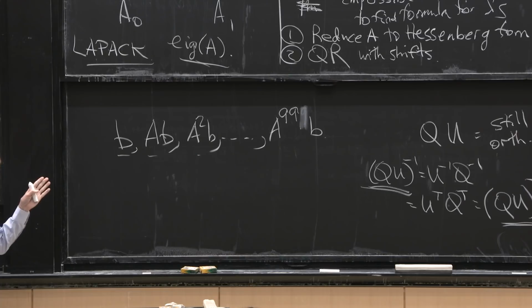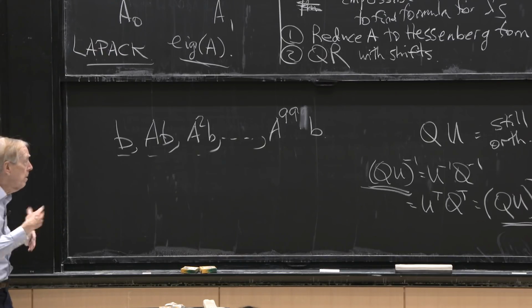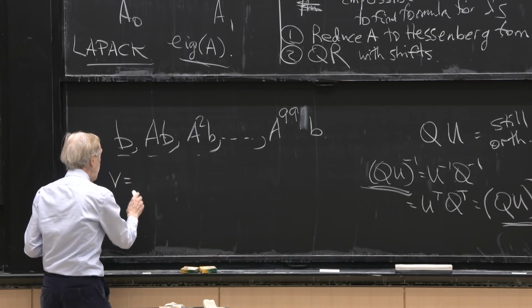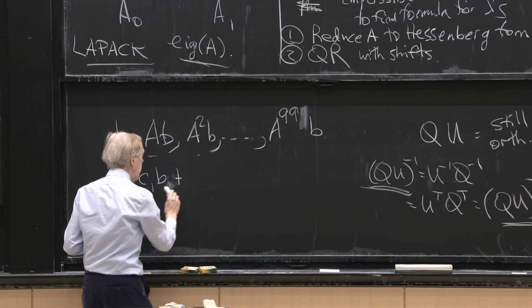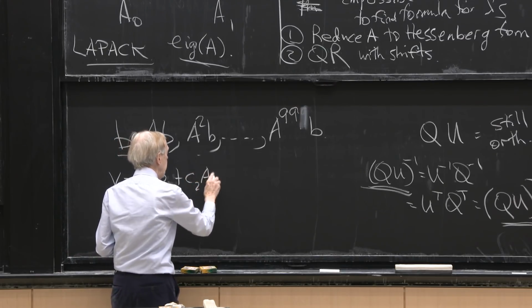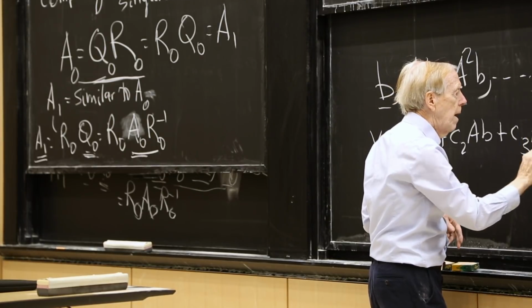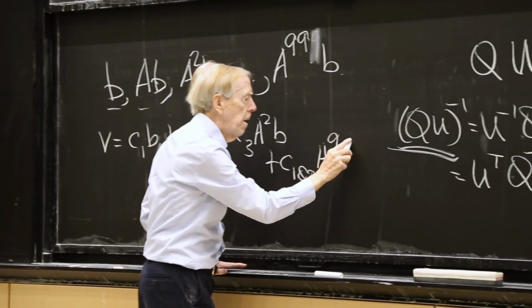We can bring A down to just see its action on that space. I look at vectors v, which are some combination c1 b plus c2 A b plus c3 A squared b, up to c100 A to the 99th b.